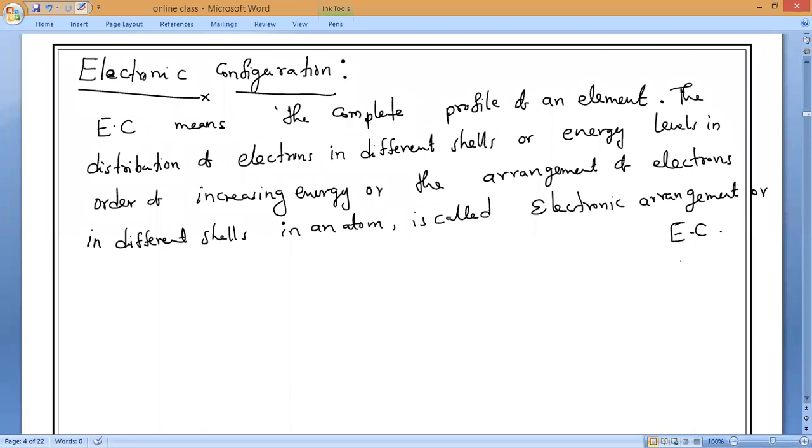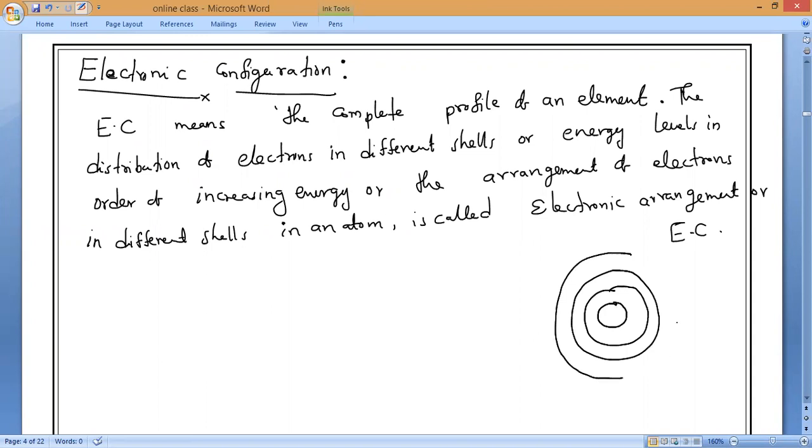Now, all of you remember, I already taught you the energy order of different shells. So how will it be? Which shell will have more energy? The shell which is closer to the nucleus or the shell which is far away? Far away from the nucleus. So when we are moving away from the nucleus, as we know, Mr. Bohr represented them with names.